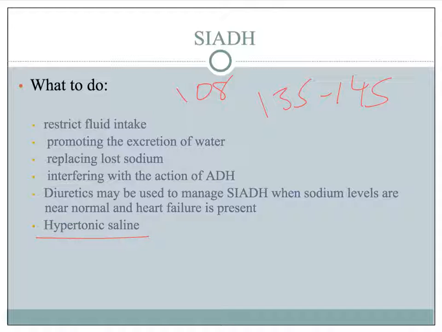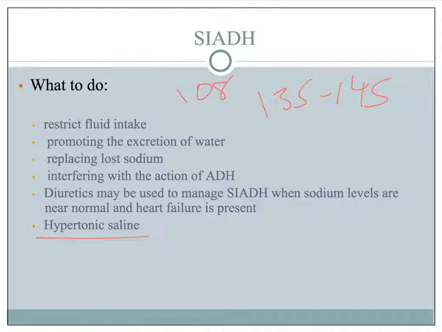The big thing that you have to understand if somebody's sodium levels are low is you have to maintain their safety because they're going to get confused and they're going to fall. So be very, very careful with those patients. Diuretics may be utilized in the event that a patient is not too hyponatremic. We have to be very careful.